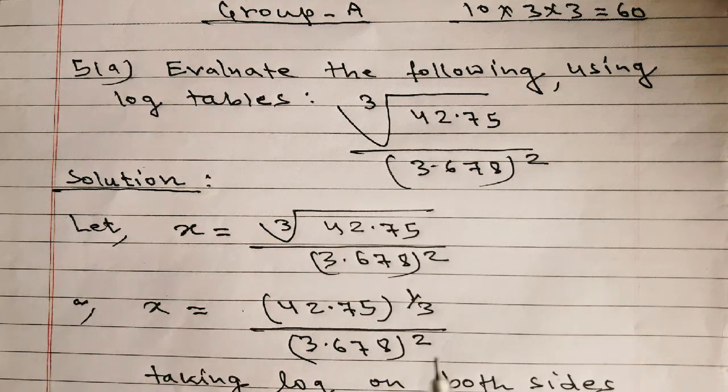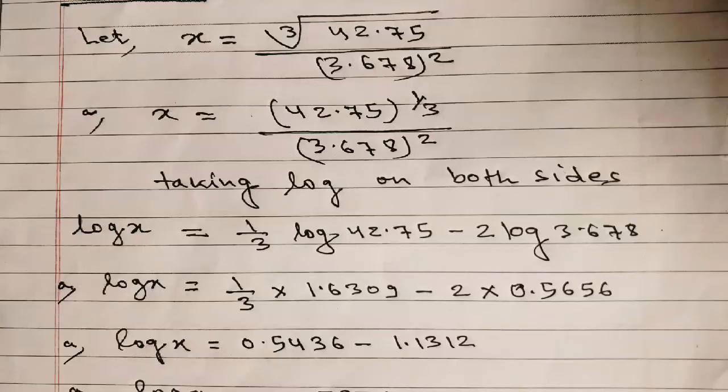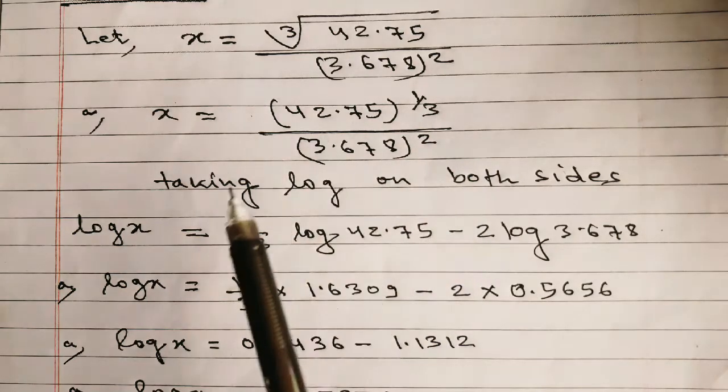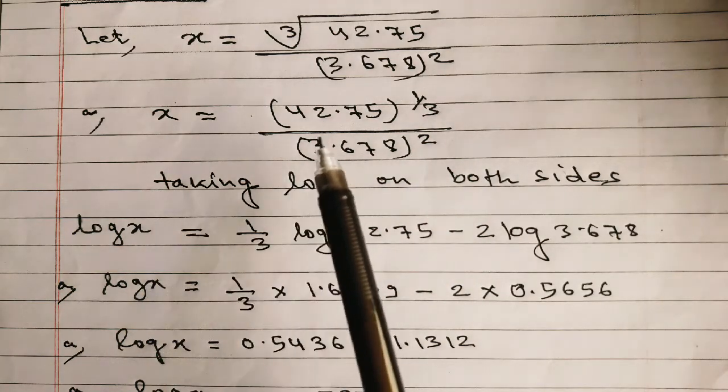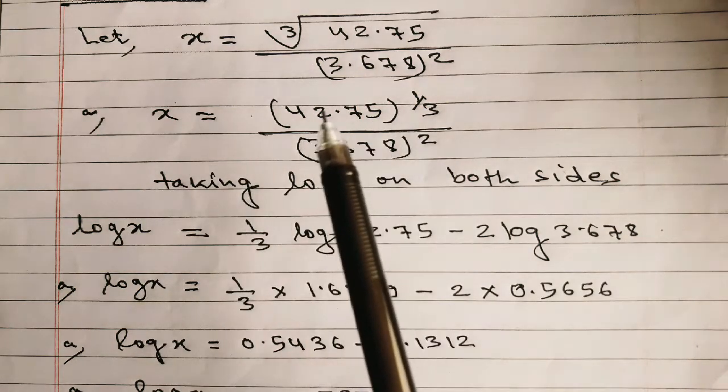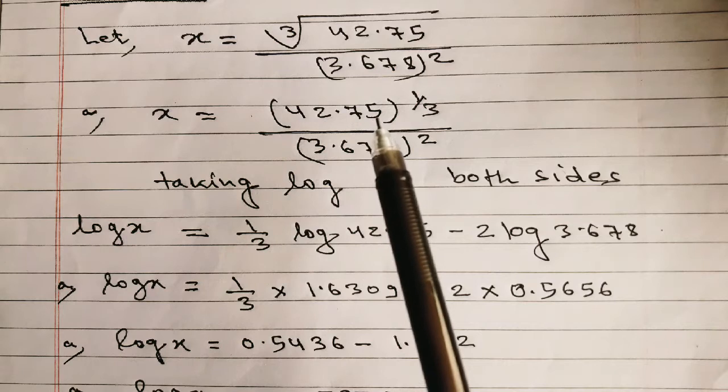Now in order to find the value of this number by using log table, we have to take log on both sides. Taking log on both sides, we get log x is equal to 1 by 3, 42.75 power 1 by 3.